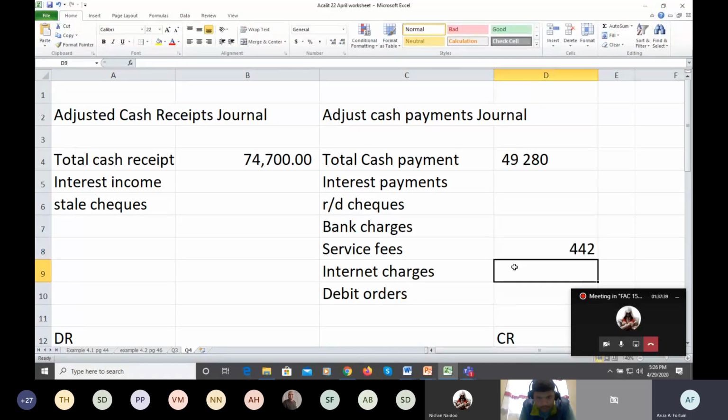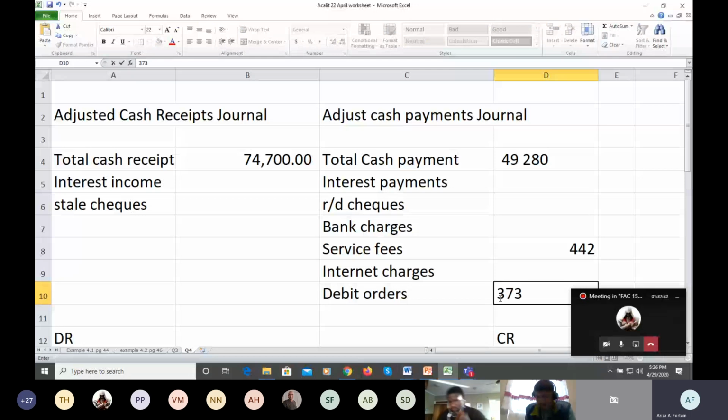A transfer of funds to SARS as payment for duty on behalf of Guru. That could fall under debit orders, 3720. And then just don't forget to reference it: transfer to Guru.